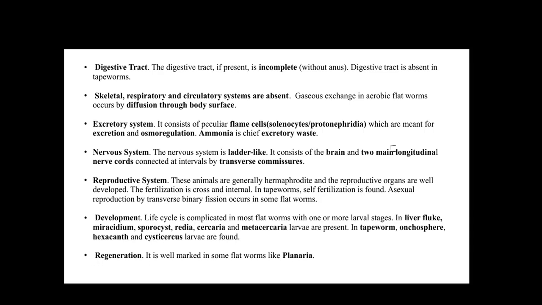Talking about the digestive tract, their digestive tract is incomplete. It means they don't have an opening for the anus, and the digestive tract is absent in tapeworms. If present, it is incomplete, but most of the time the digestive tract is absent.